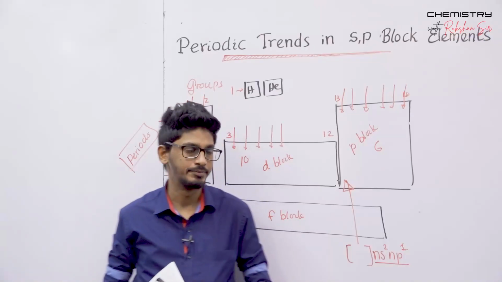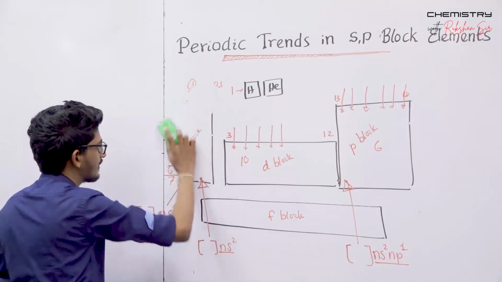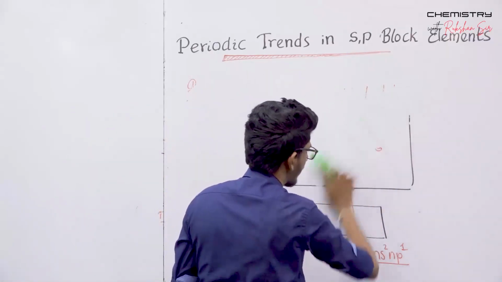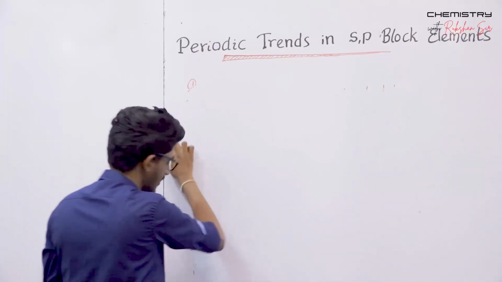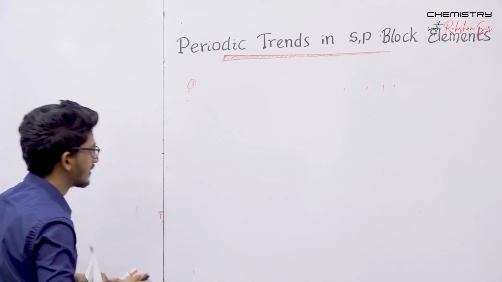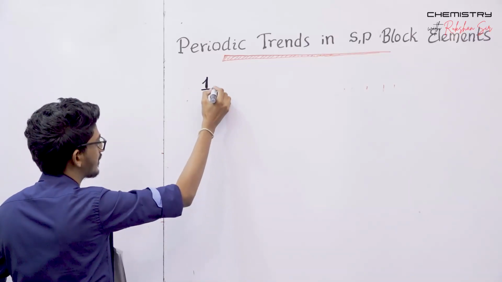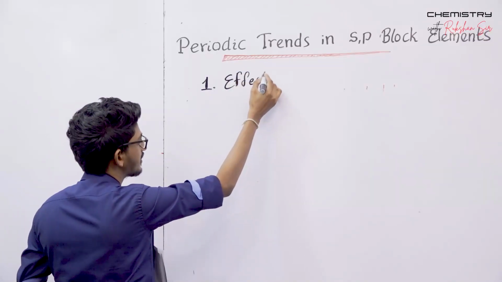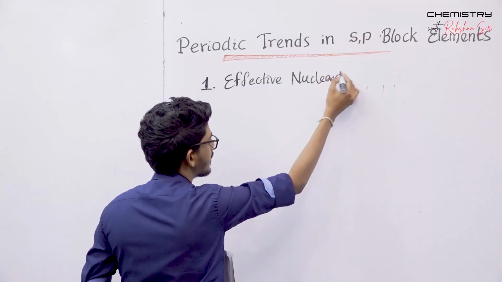If you are to write a note, those are like this. We'll discuss them one by one. First of all, I'll write the 6 periodic trends we are going to study under this main topic. First, we are going to study the effective nuclear charge.